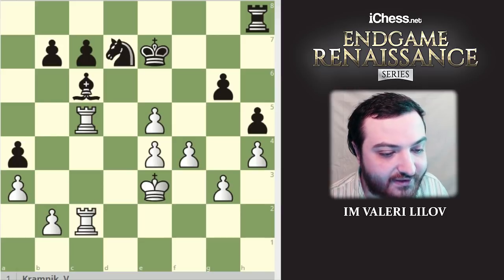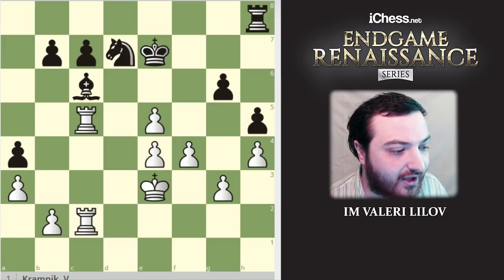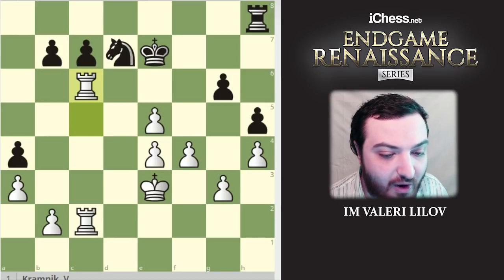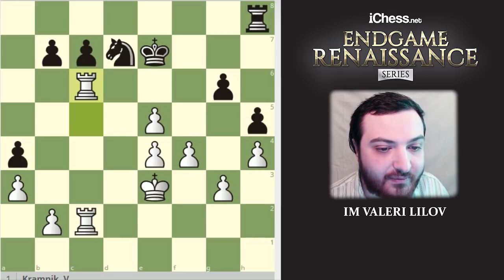Well, the first thing that white picked up to do in this type of position was the idea of bringing rook takes to c6 on. This move wasn't, however, connected with the possibility to just get a good line for the rook.